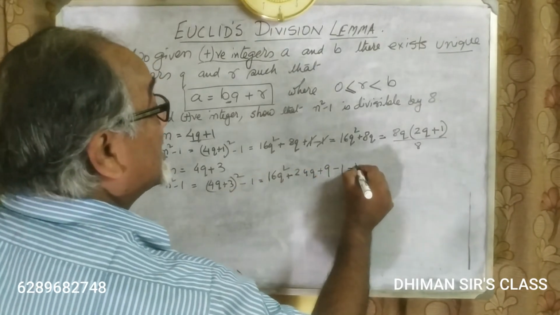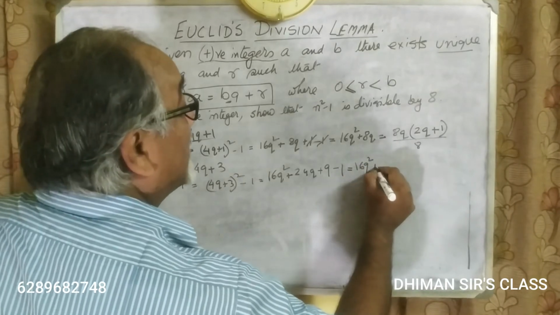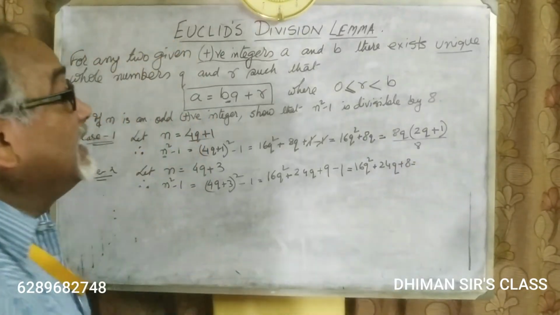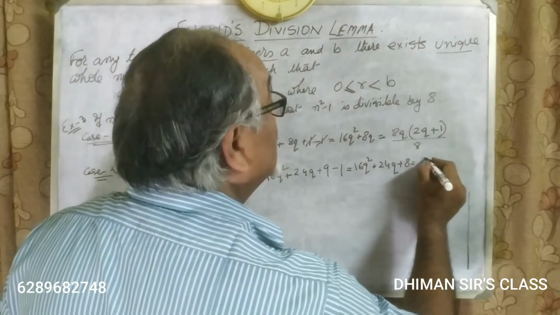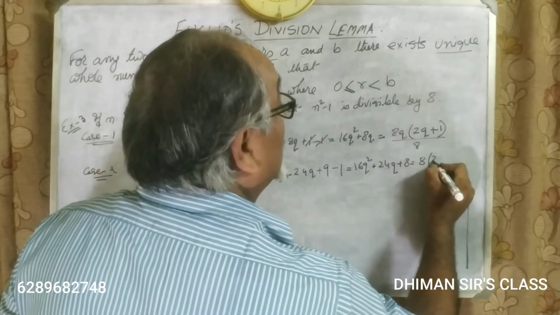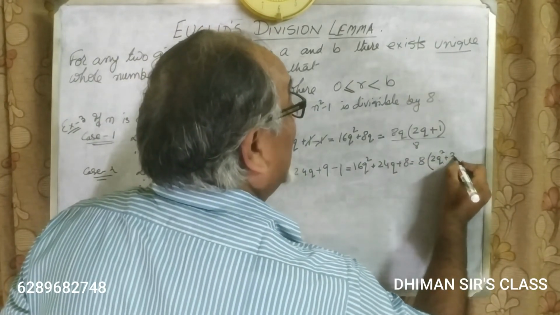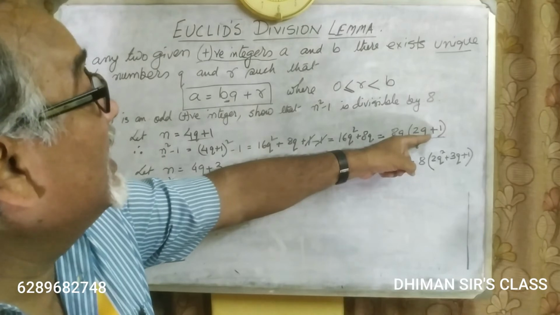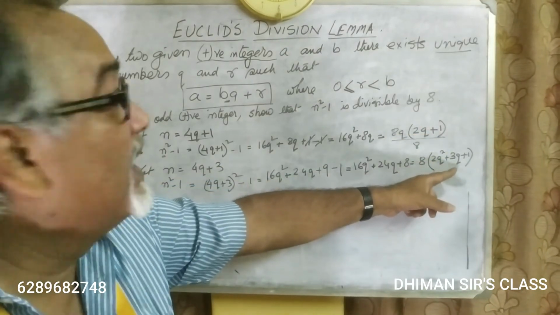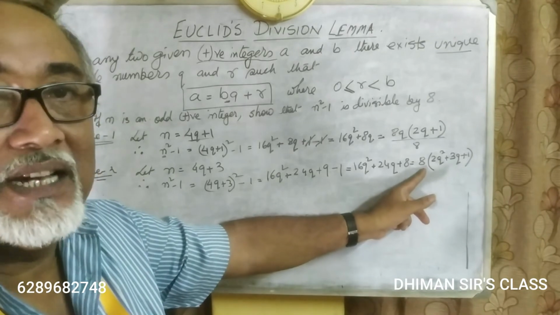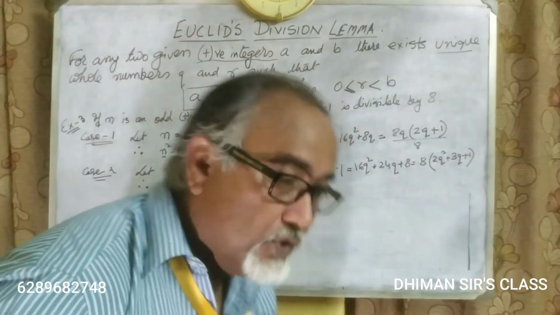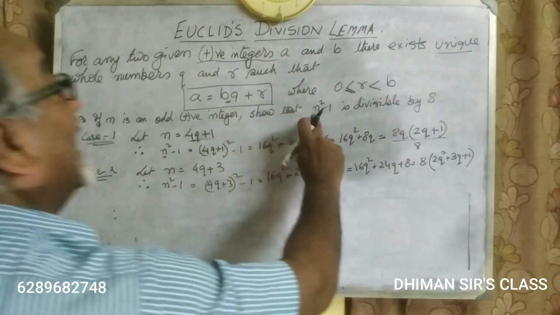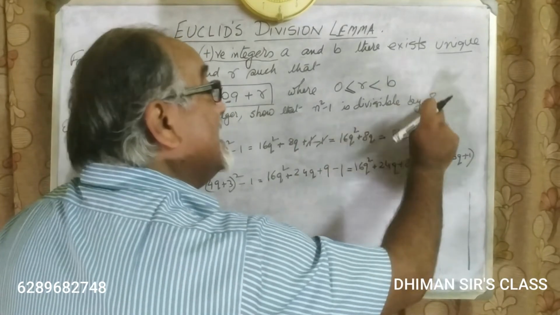So that comes to 16q square plus 24q plus 8. Again we can take 8 as common: 2q square plus 3q plus 1. So see, it was a binomial inside, now it is a trinomial or a polynomial inside, which is again divisible by 8. So it is proved that if n is an odd positive integer, n square minus 1 is divisible by 8.